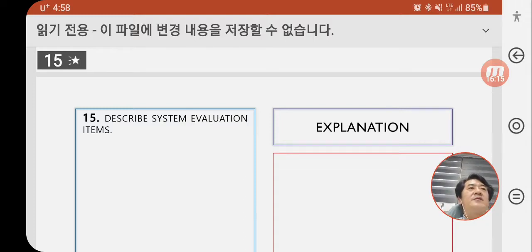Generally, system evaluation item is three items. One is functional evaluation, and performance evaluation, and reliability evaluation. Functional, performance, reliability.